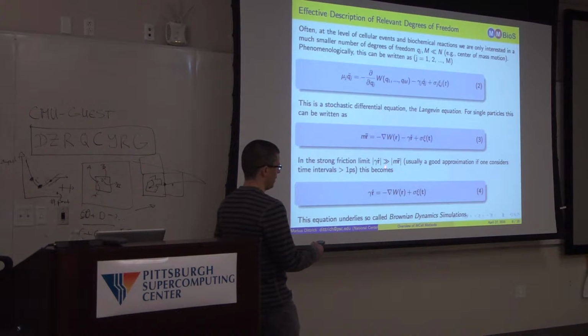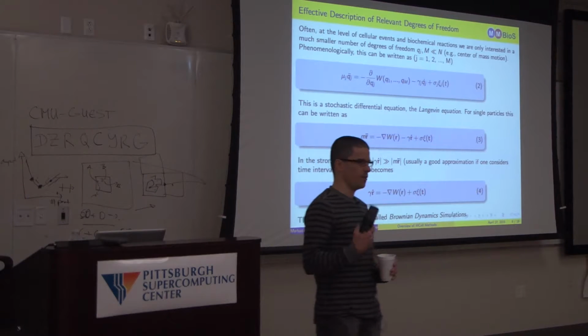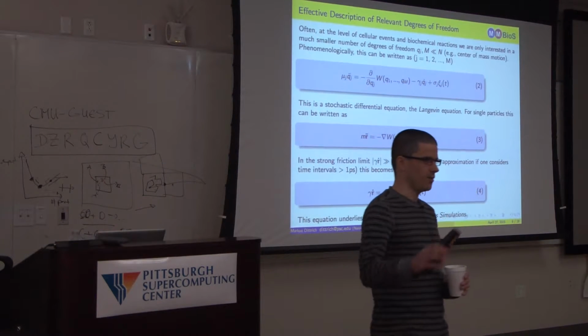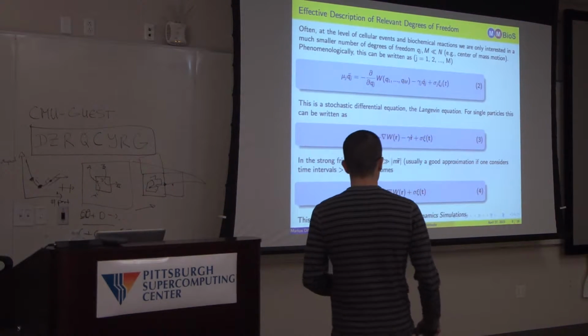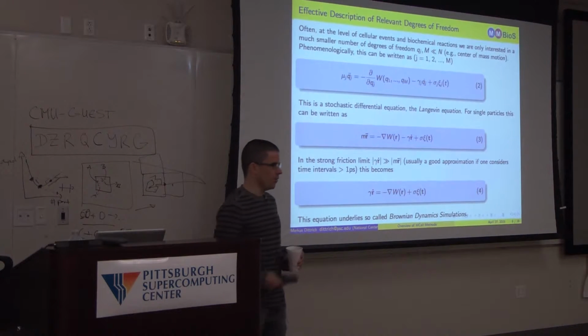And you can actually ignore this term. It's usually a very good approximation if you're interested in time intervals larger than a picosecond. At that point, it becomes quite a decent approximation in most cases, which is typically the case.